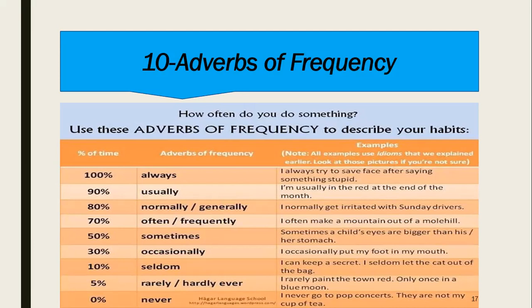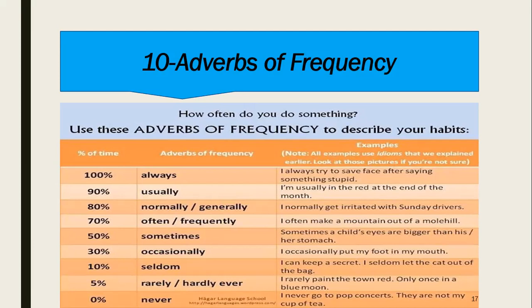Let me give you an example. If I say, for example, I play football every day. I always play football. So always here, we have 7 days in a week, 365 days in a year. The verb is repeated every day. But if I say I usually play football, maybe 6 times or 7, I do.